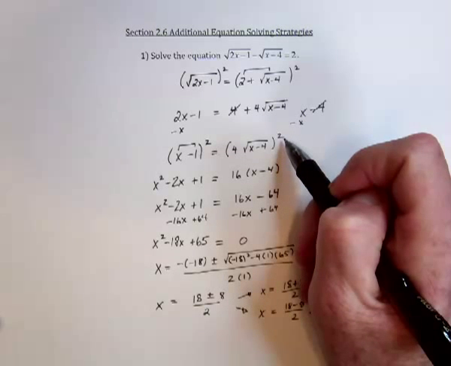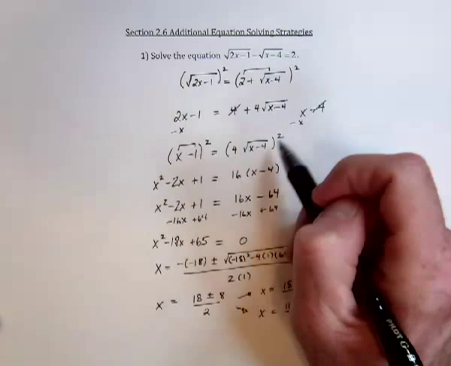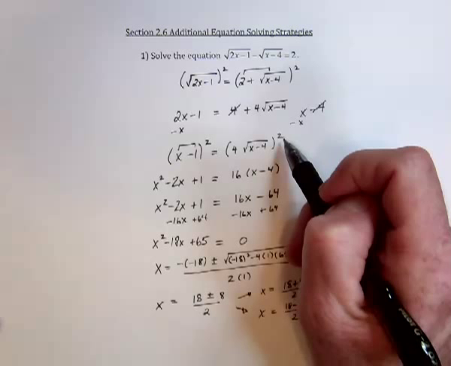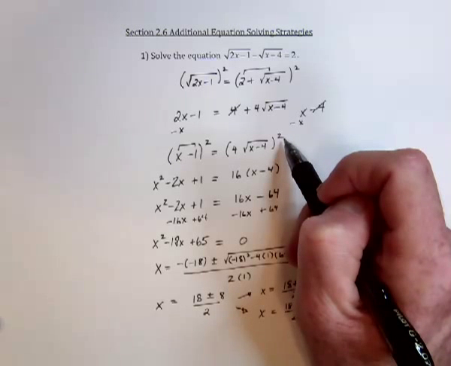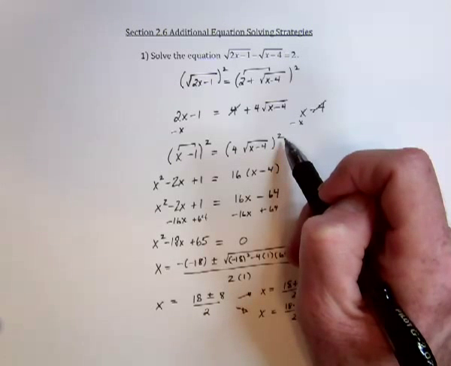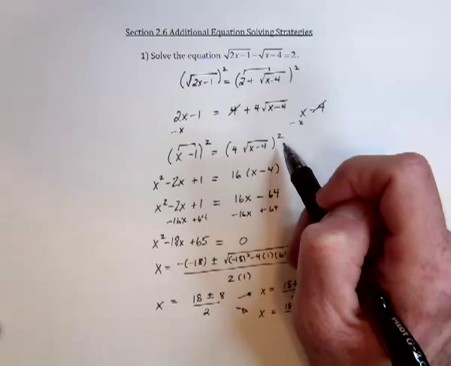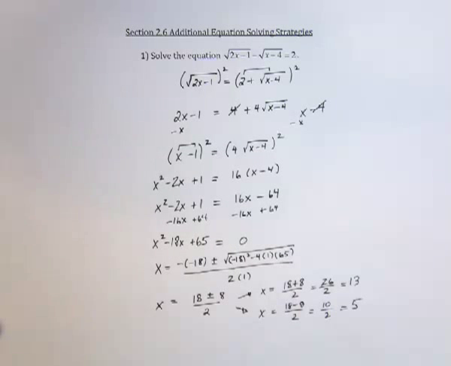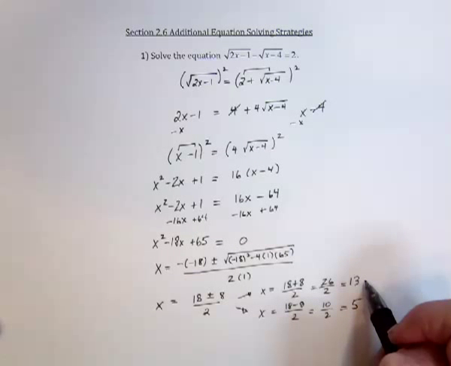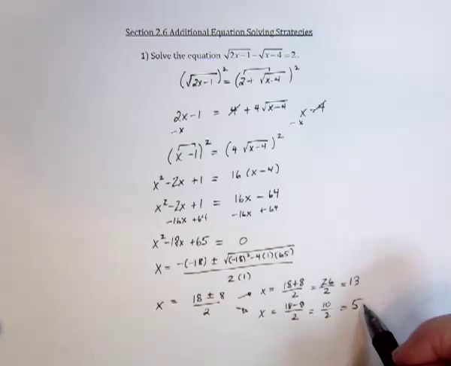Well, when we squared both sides, which is a legal algebra operation, it's possible that we introduced an extra answer that's really not a part of the solution. So what I now need to do is check and make sure both of these are correct.